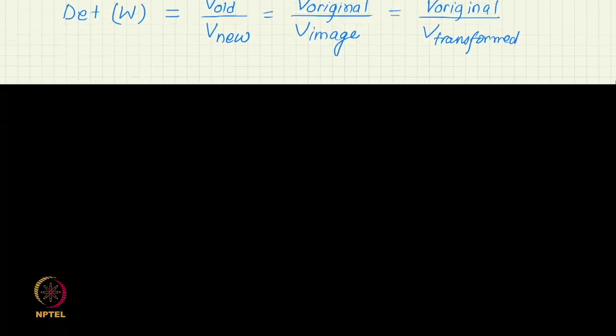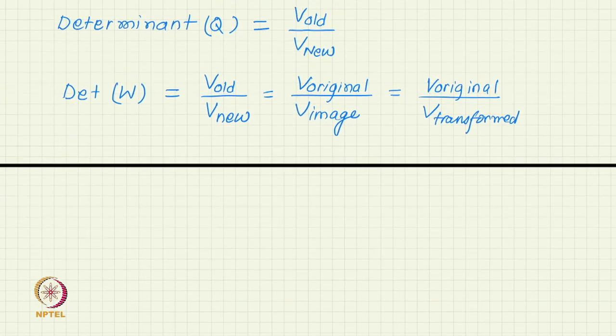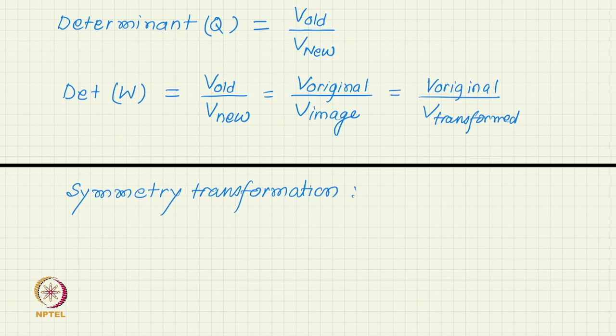But in the last class, we saw that symmetry transformation is an isometry. What does that mean? The length does not change. Symmetry transformation is an example of an isometry, so lengths and angles do not change.